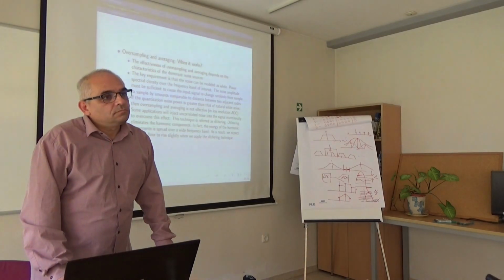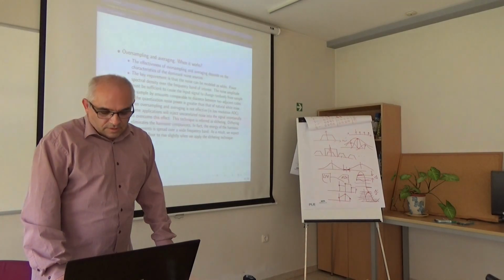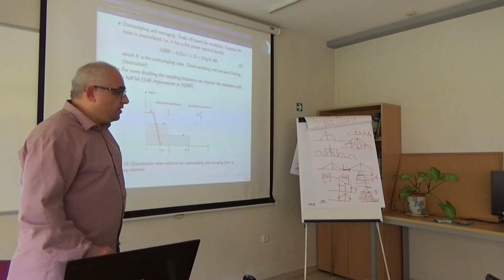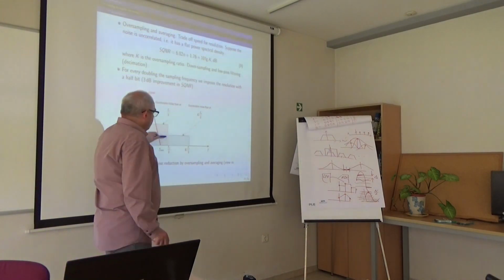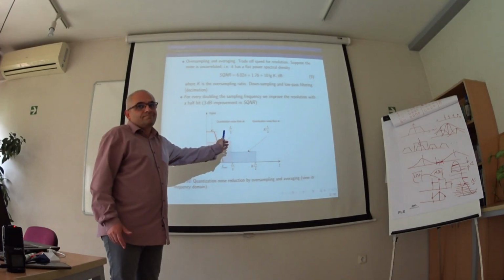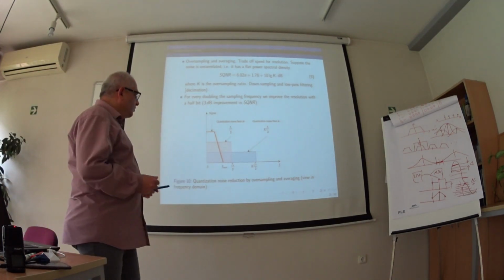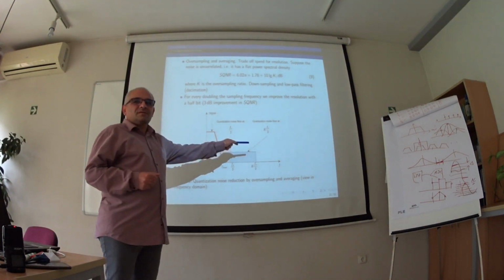What about working in different frequency bands? How does this play a role in the noise component? Does it remain the same regardless of the frequency band? As you can see, if we model the quantization noise as flat, it doesn't matter which frequency. Actually, we model this noise as flat.